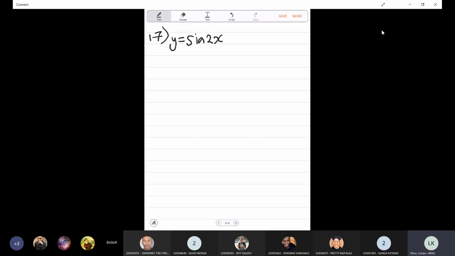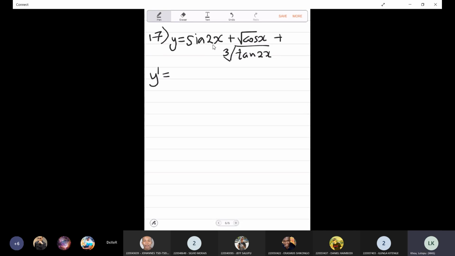Just take note of that. y is equal to sine of 2x plus the square root of cos x plus the cube root of tan 2x. Okay, so this one involves differentiation of trigonometric functions, and the way we differentiate them, standard derivatives. So we have y prime.